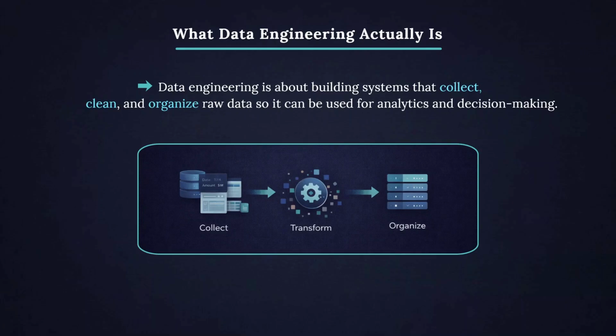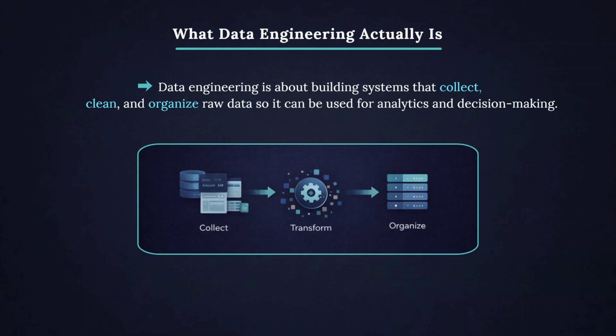First, we collect the data from different sources. Then, we transform it, which means cleaning the data and fixing the inconsistencies. And finally, we organize that data into structured and reliable tables. Once the data reaches this stage, other teams can actually trust it and use it for analytical purposes.